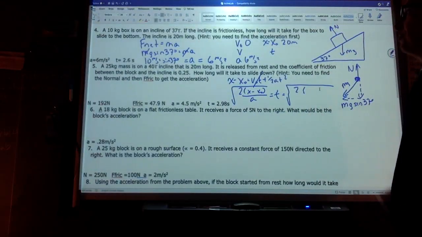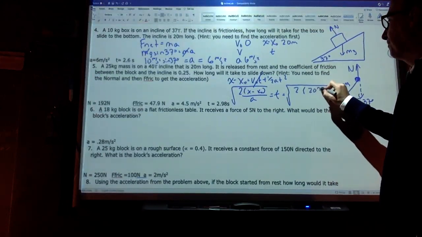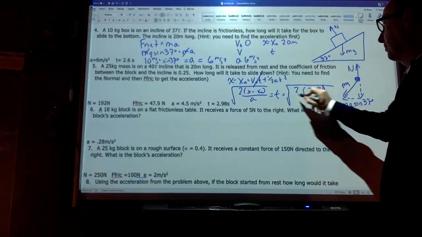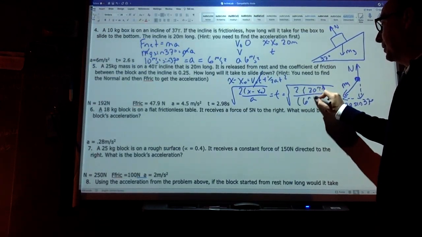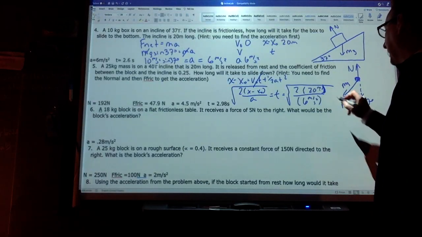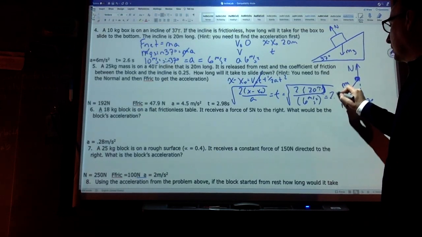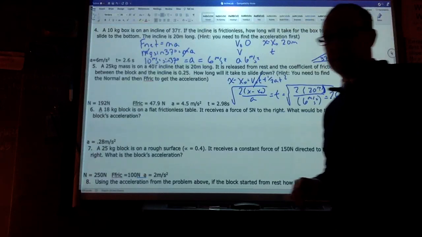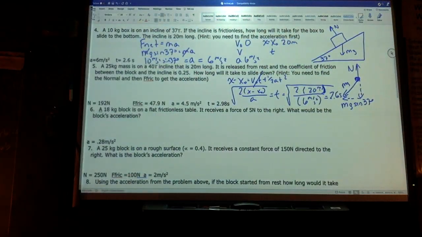And so I have 2 times 20 meters divided by 6 meters per second squared. So 40 divided by 6 square rooted is 2.6 seconds. Right. I'm going to put the ink and scroll up.